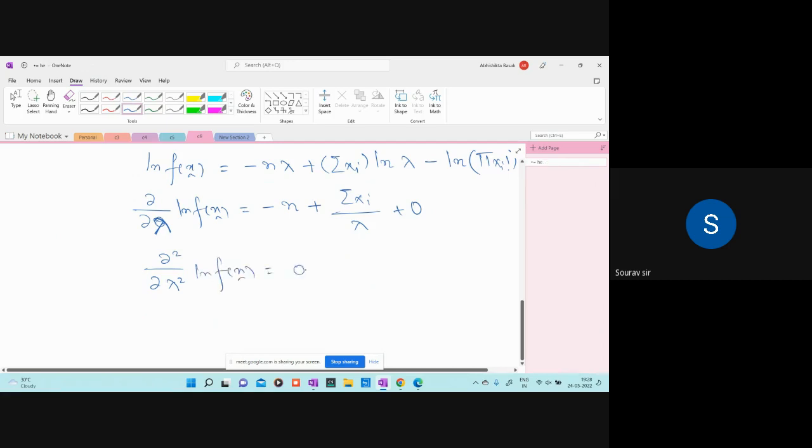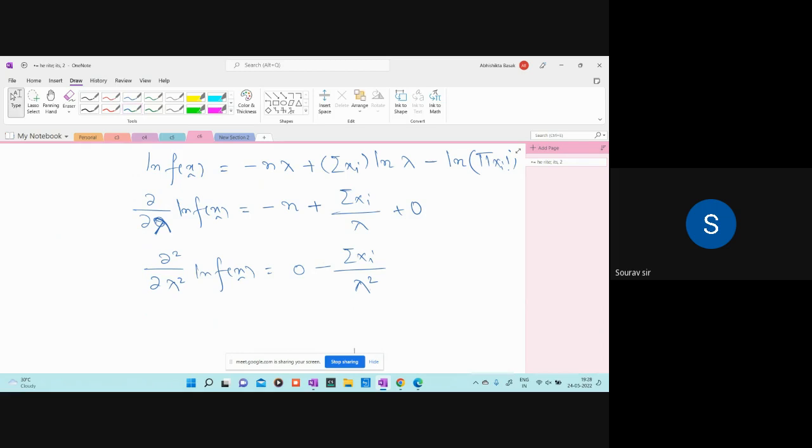That is 0 minus summation xi by lambda square. Am I right? Just check whether my calculation is right or not. Is my calculation right? Yes, ma'am.